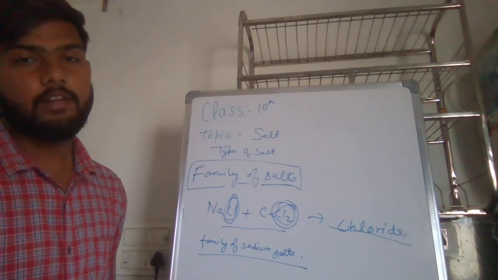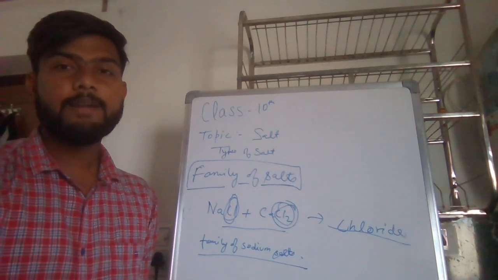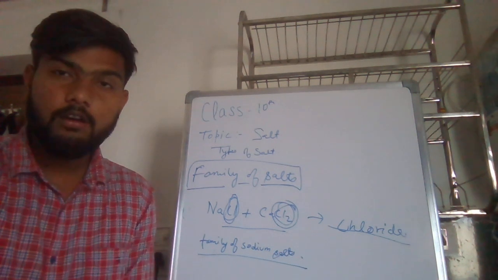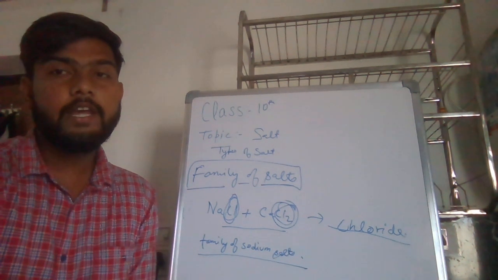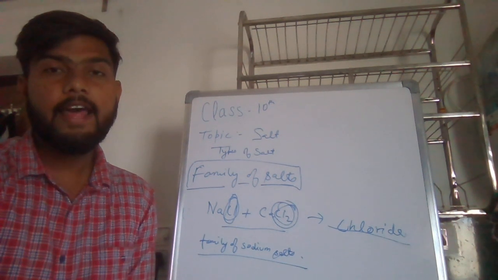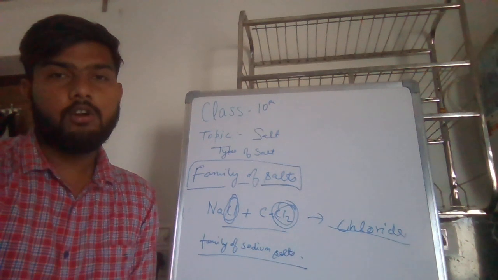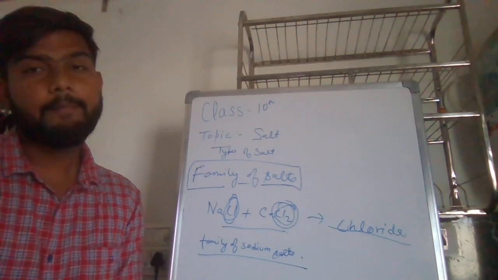The second question is to make a concept map representing the family of salt. A list of salts is given below; write the chemical formula in front of each and analyze to decide the family of salt: potassium sulfate, sodium sulfate, calcium sulfate, and magnesium sulfate.